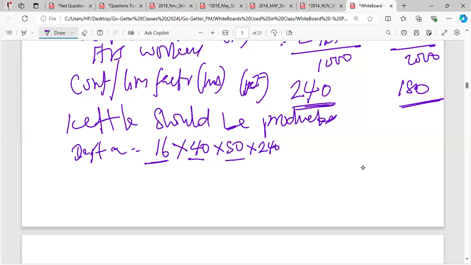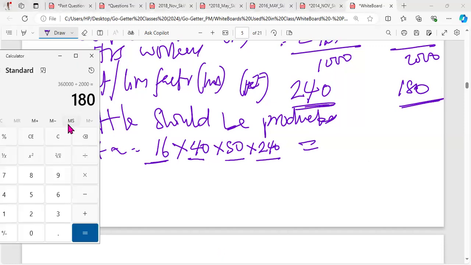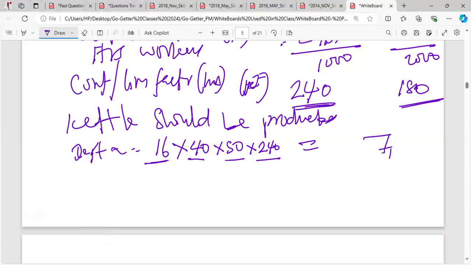They have 50 weeks to work. What is the contribution that they are earning per hour? That's the contribution we are making per hour. We have 16 times 40 times 50 times 240. That will give me 7,680,000.